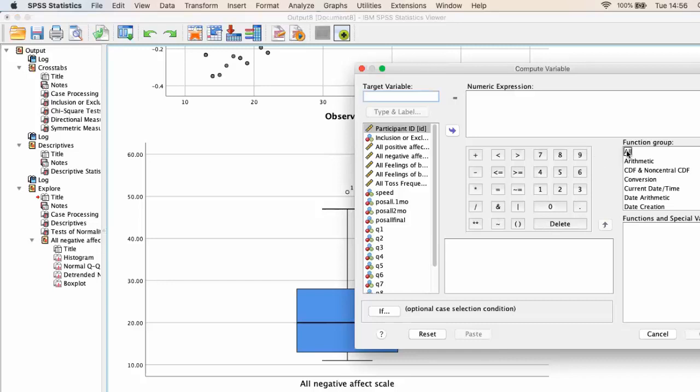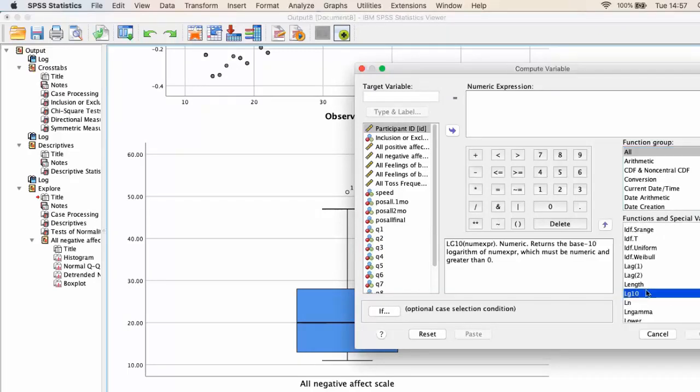Here we want log 10, which is what they told us. So you select All in the function group and go down to log 10. Where is that one? There it is.